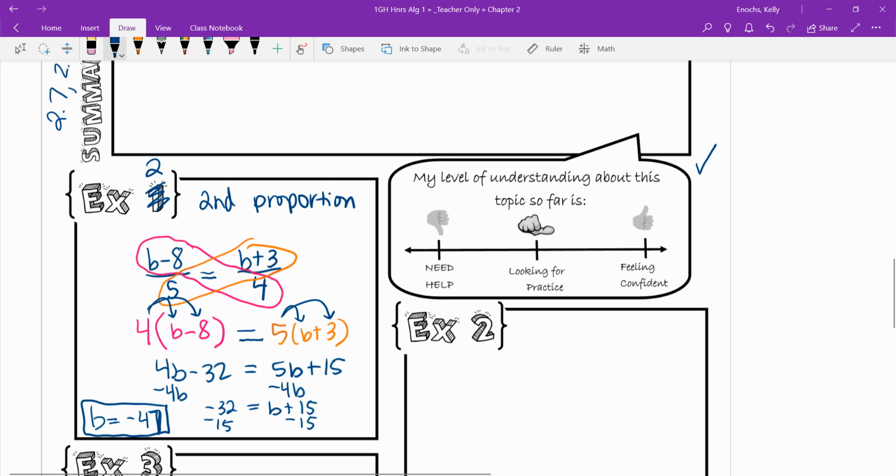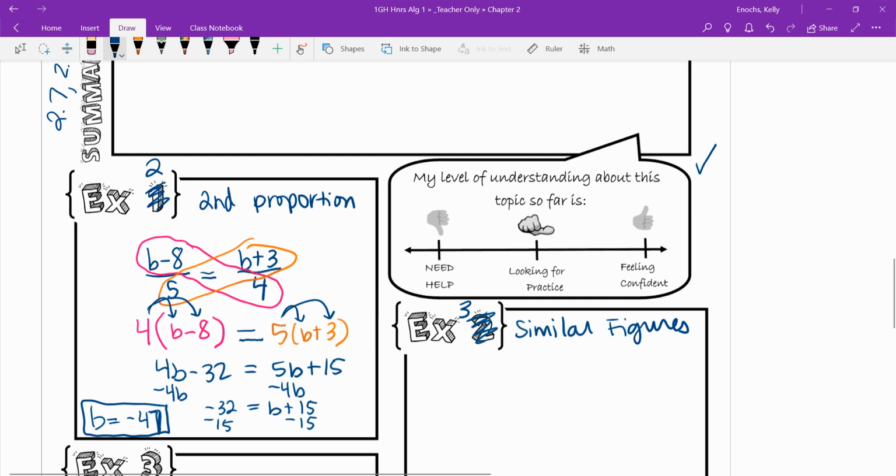Okay, so now that we've talked a little bit about solving proportions, we want to talk about how we can do those in word problems or real life scenarios. So my first one is going to be about similar triangles. So my example here, example 3 now, remember we started with 1 on the other page, is talking about two similar triangles.